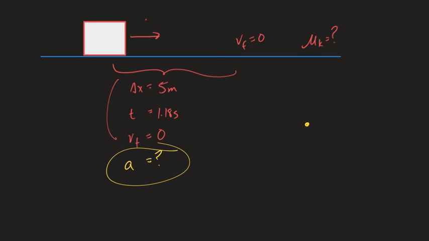So keep in mind, this problem begins the moment it leaves my hands and is sliding on the floor. So I'm no longer pushing the box. I threw it. The moment it left my hands is when this problem begins. So I am not actively pushing the box in this problem.